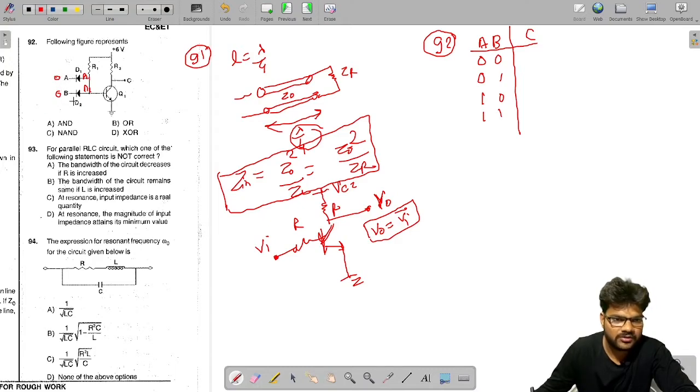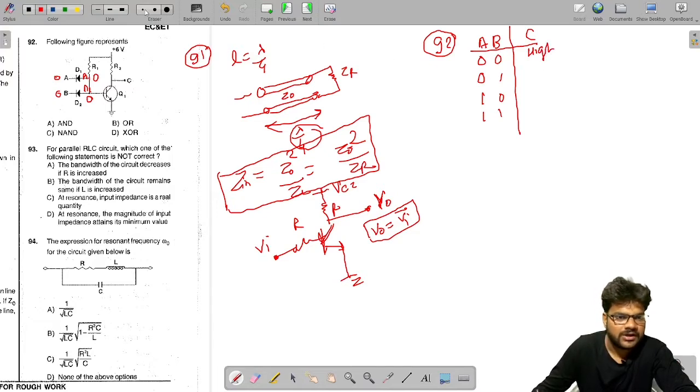So both diodes will be on. Assuming the diodes are ideal, this will be shorted, so this will be 0 and this will be 0. If the input at the base terminal is 0, then at the collector we will get high. So the output will be high when the inputs are 0 0.